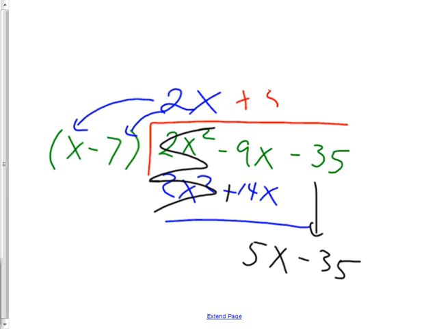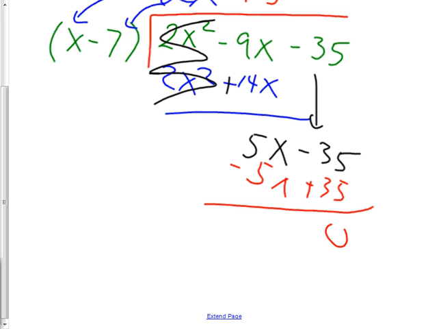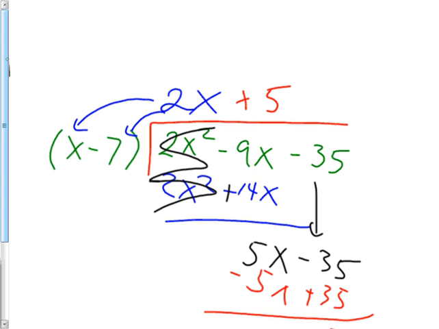A positive 5 sounds like a worthy effort. 5 times the x, 5x. 5 times the negative 7, negative 35. And you make them the opposites, and then they add up to 0. Since I have a 0 remainder, I know I got the answer. And it's 2x plus 5 and x minus 7.